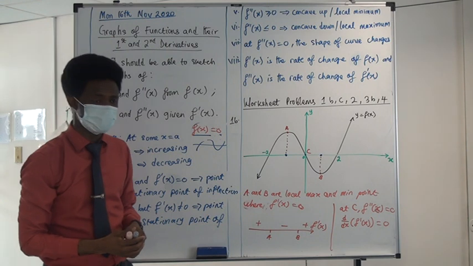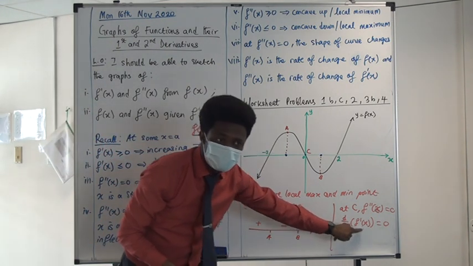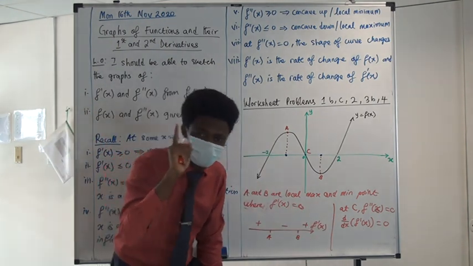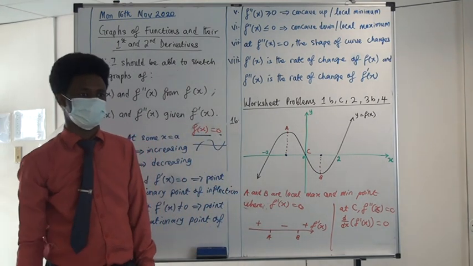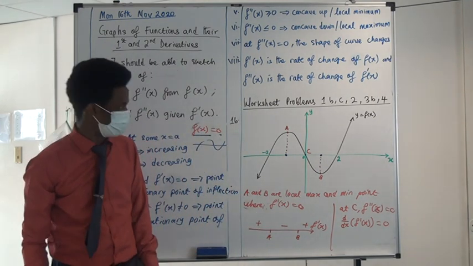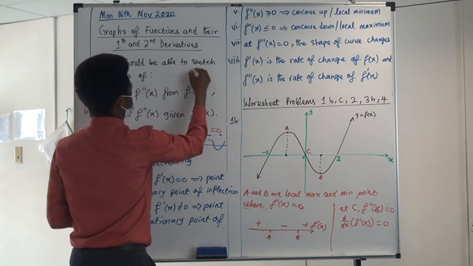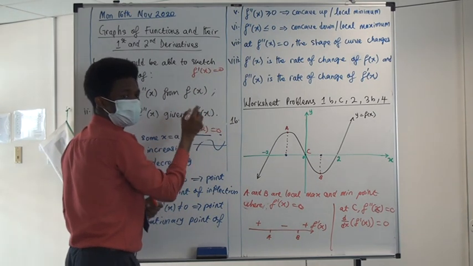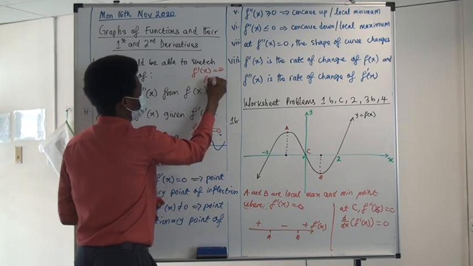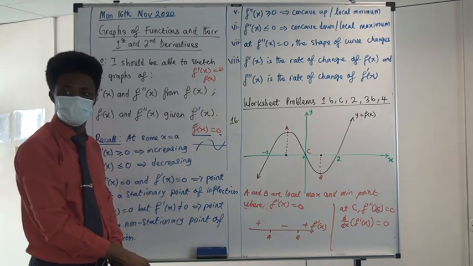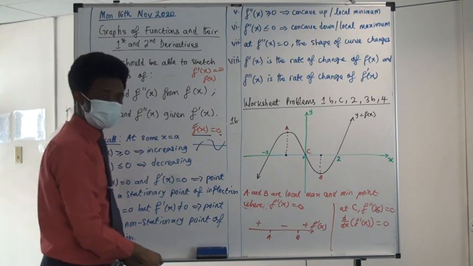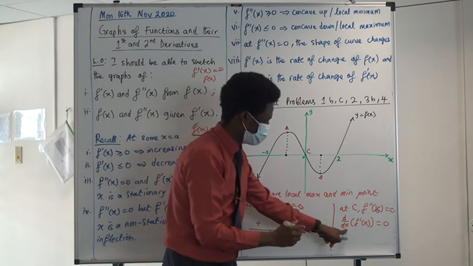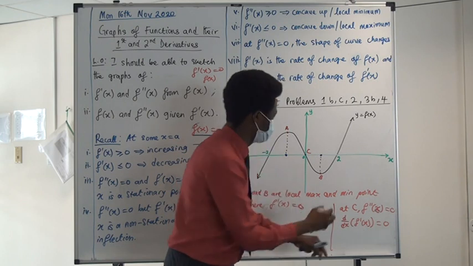Which means this point is a stationary point for the curve representing the first derivative. When you say f prime of x is equal to 0, you are talking about the stationary point of f of x. So now, you are talking about the derivative of the first derivative.